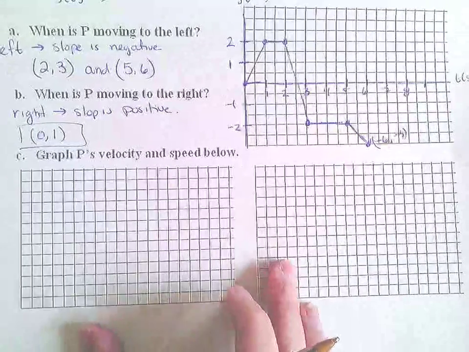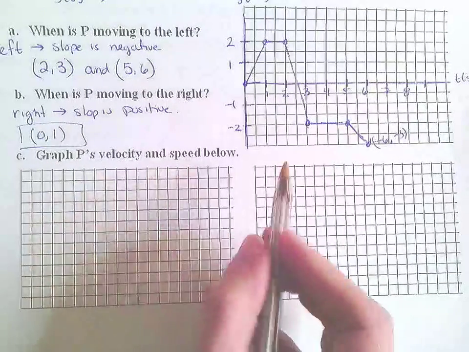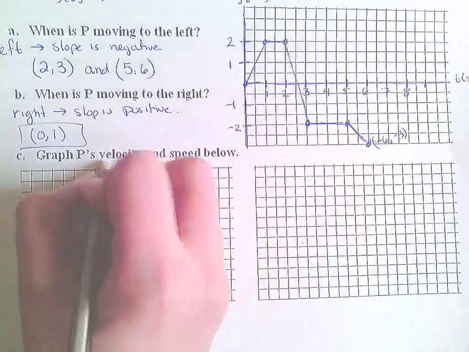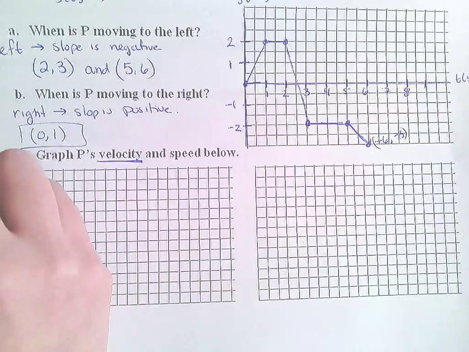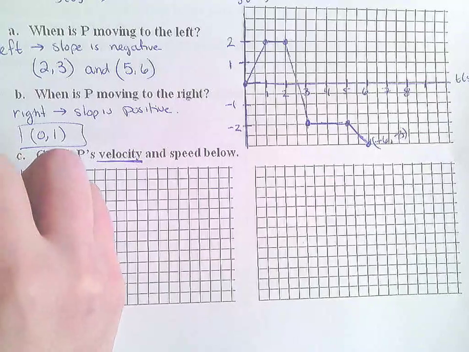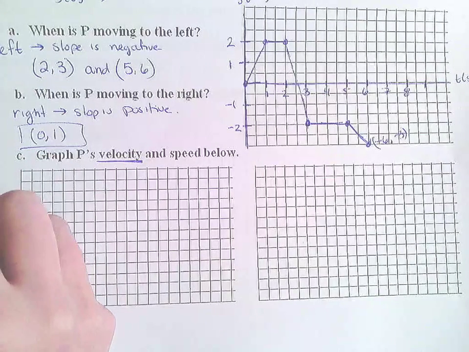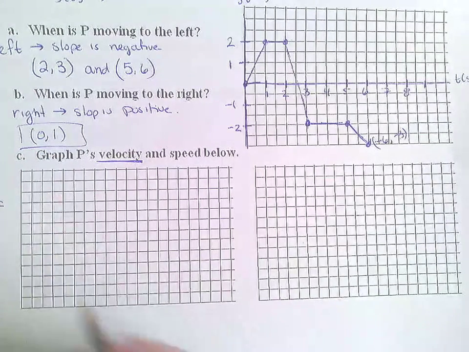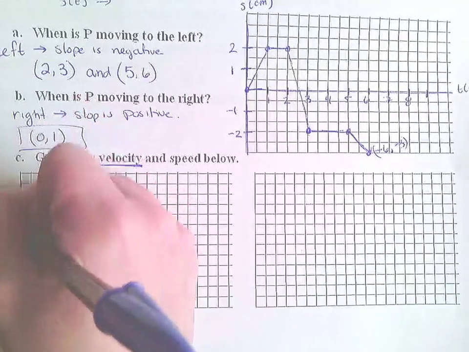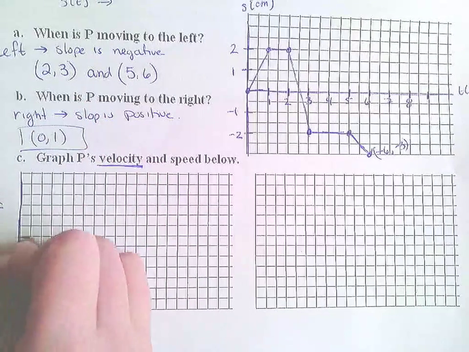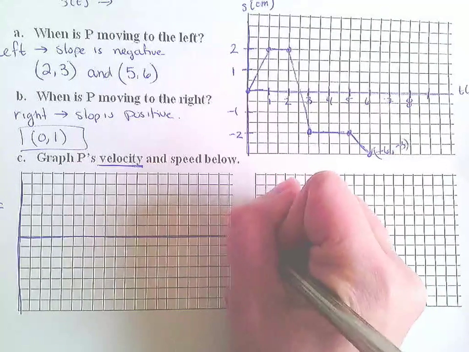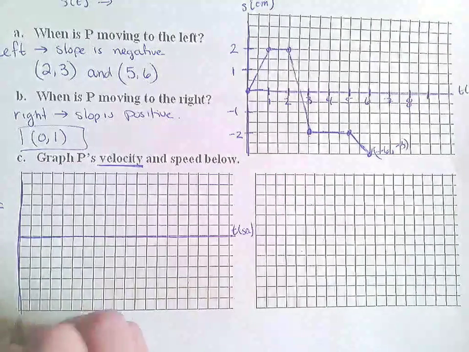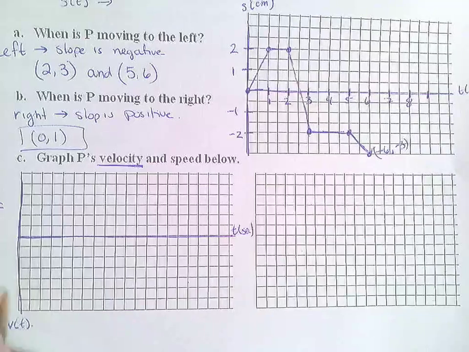All right, the next part says to graph P's velocity and the speed below. So if you remember, velocity means derivative, and derivative means the slope. So basically, t is still the same, and here we're going to be graphing the slope.